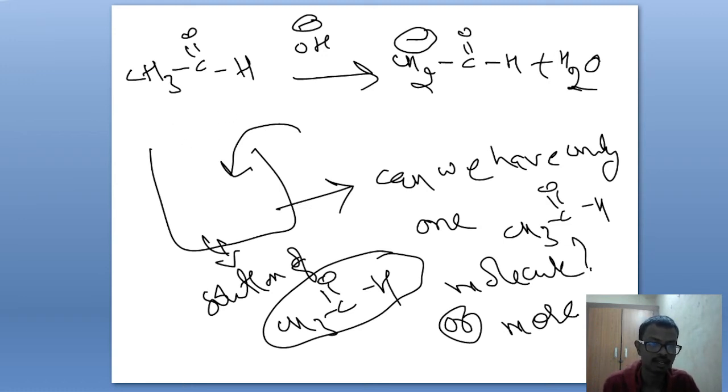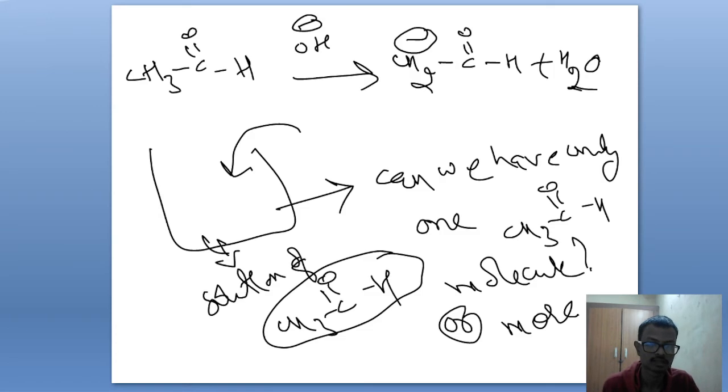So I am going to the next slide. Look here. Here we have many molecules, not a single molecule. So what happens is, when you add a base to this solution, the OH minus ion first of all deprotonates the aldehyde.